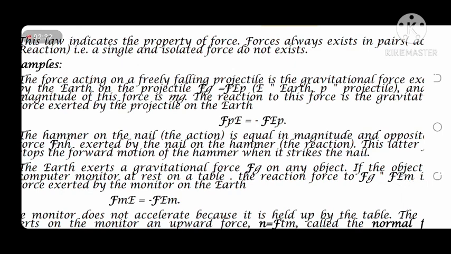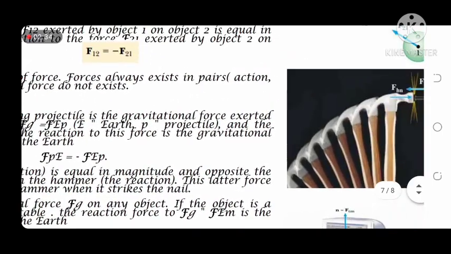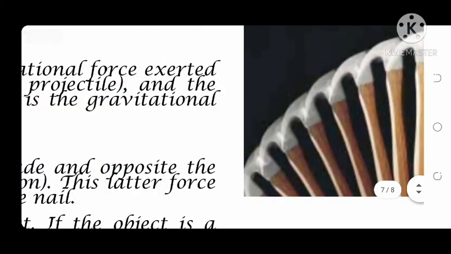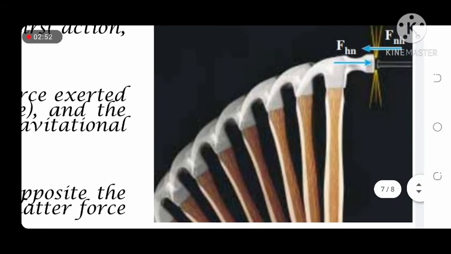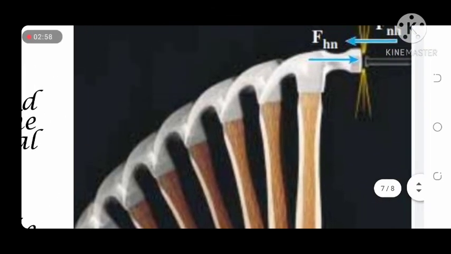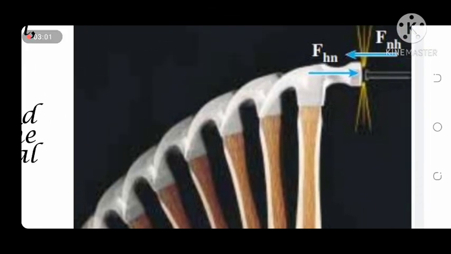The second example is a very common example in our daily life: the hammer strikes the nail to put it into the wall. This picture represents the various stages of the hammer exerting a force FHN on the nail, as the nail also exerts a force on the hammer, that is FNH.